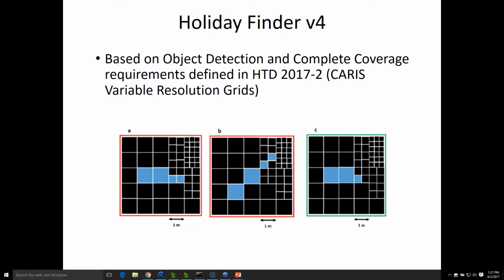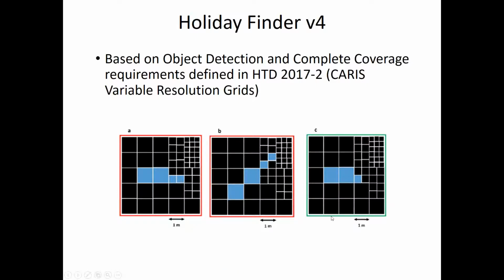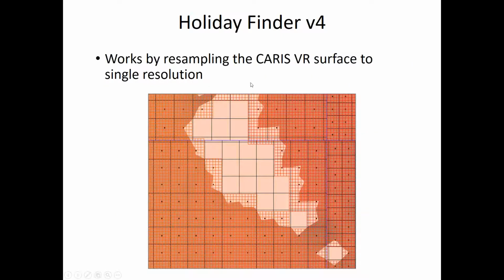So holiday is still functionally the same, but the math is different for a variable resolution grid. And I'll just show you a little bit about how we got holiday analysis to work behind the scenes for Holiday Finder for VR surfaces. So our solution here was to resample the Keras VR surface to a single resolution grid.